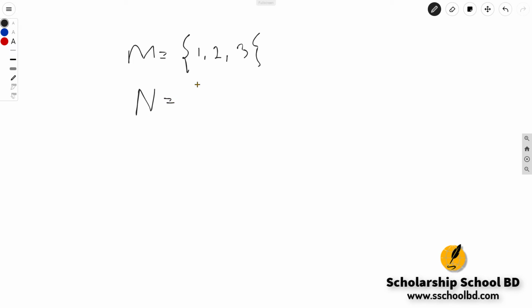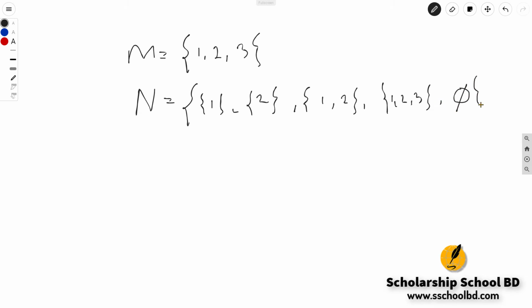And n is equal to {phi, {1}, {2}, {1, 2}, {1, 2, 3}}. Now the question is, is n a topology of M? We have to figure it out.